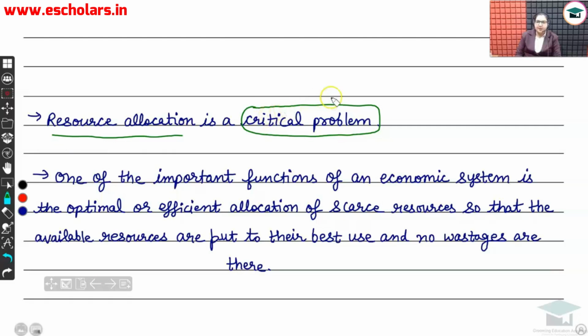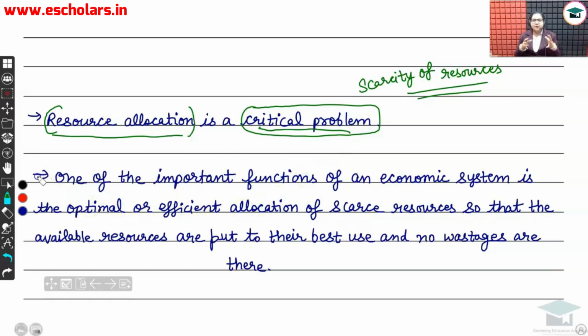It is because there is scarcity of resources. That is, the supply of resources is much less than the demand for resources. And also students, we require the resources in order to fulfill the human wants. But human wants are unlimited and resources are limited. That's why resource allocation is a very serious problem, or you can say critical problem.